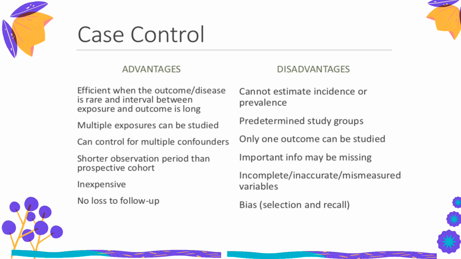The disadvantages are it cannot estimate incidence or prevalence, it has predetermined study groups, only one outcome can be studied, important info may be missing, incomplete, inaccurate, or mismeasured variables are possible, and bias is also expected.